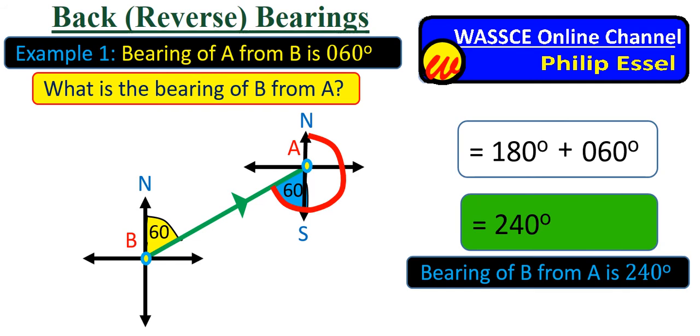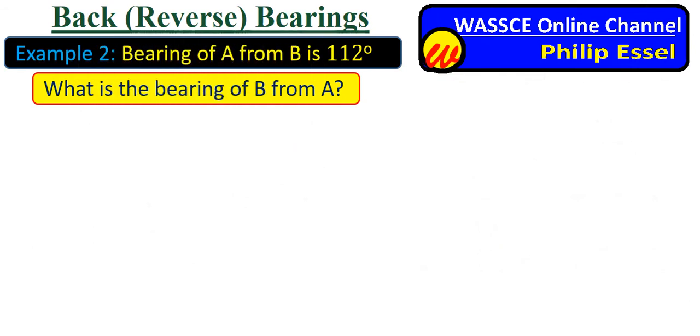Let's look at example 2. Example 2. Bearing of A from B is 112 degrees. What is the bearing of B from A?